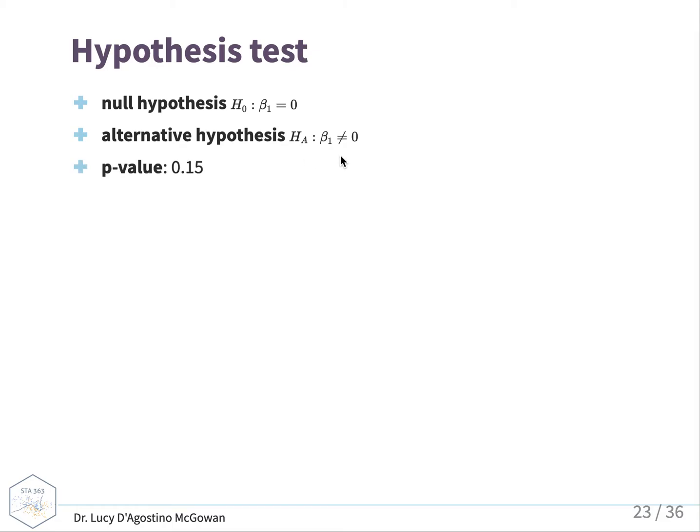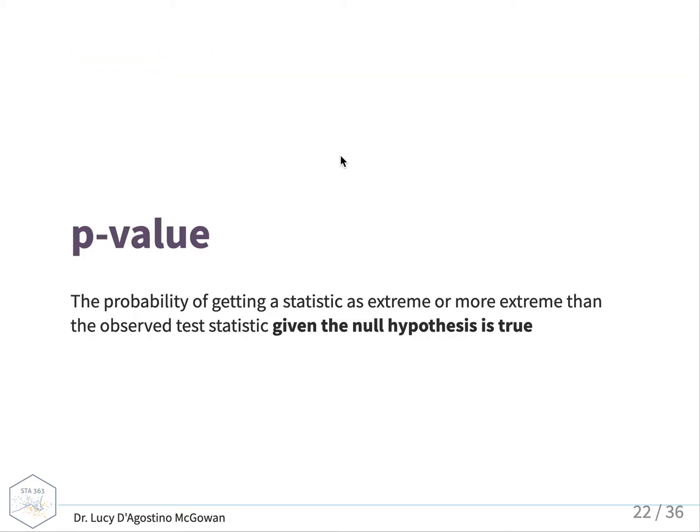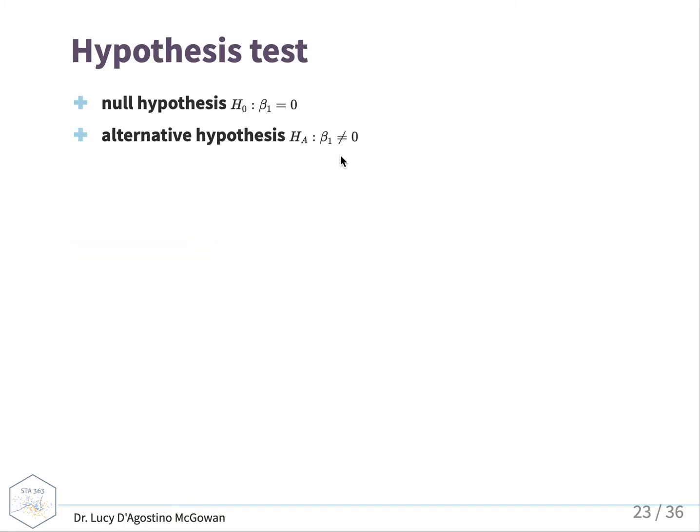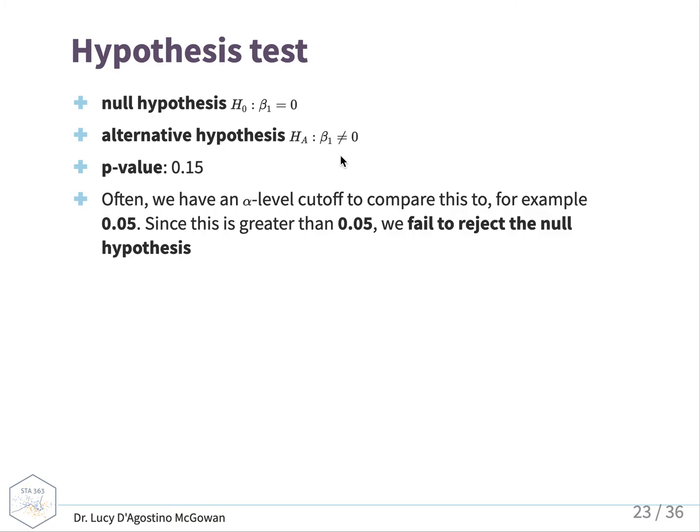The p-value there is 0.15, meaning the probability of getting a statistic as extreme or more extreme than 1.5, the observed test statistic, is 0.15, given the null hypothesis is true. Often we have some alpha level cutoff to compare this to, for example 0.05. That's the most common one. Since this 0.15 is greater than 0.05, we fail to reject the null hypothesis.